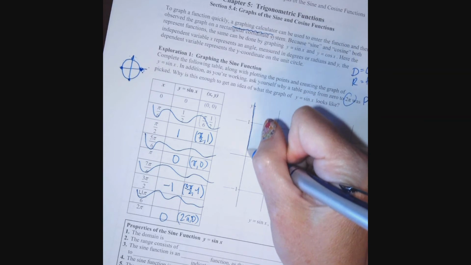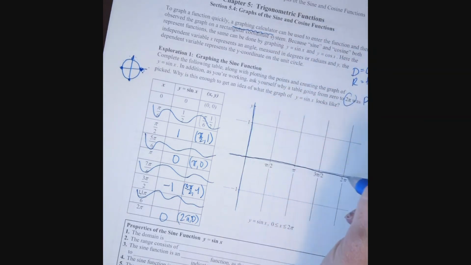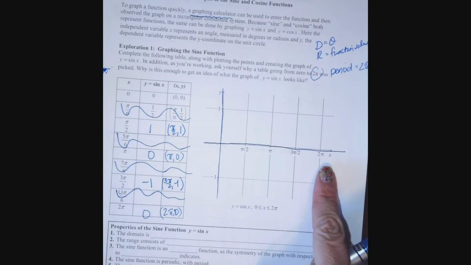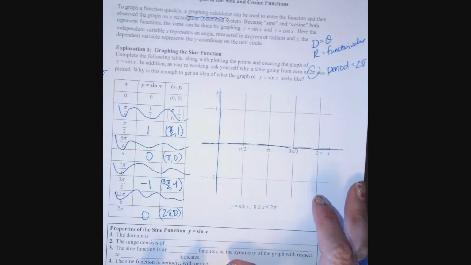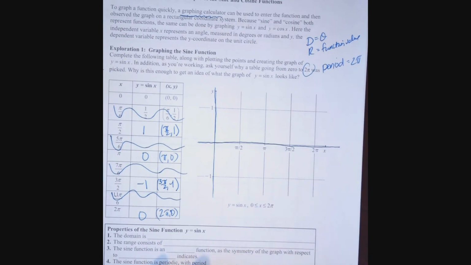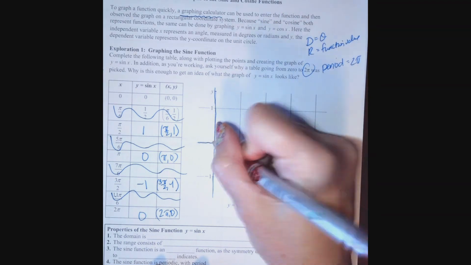So you'll notice that here is my x-axis, here is my y-axis. My y-axis is numbered using the radian values. X-axis is numbered using integers. And let's plot our points for our graph. Sine starts at center at (0, 0). This is my parent sine function.